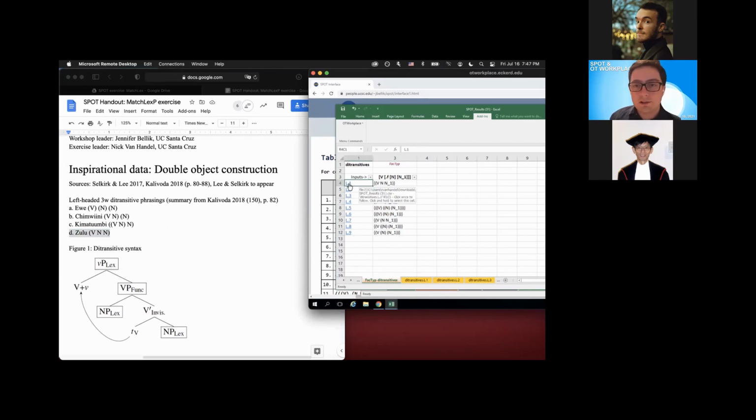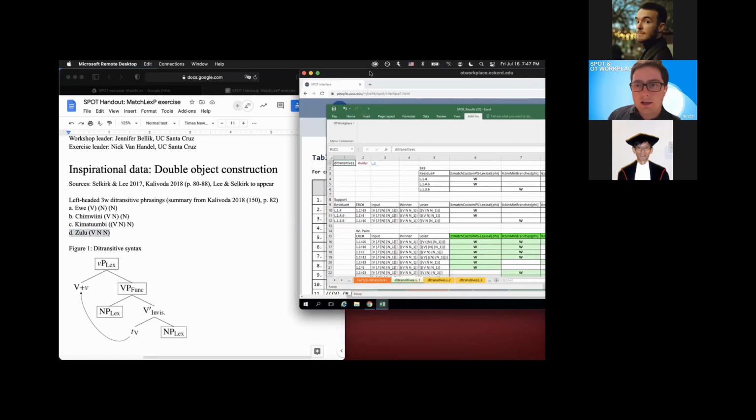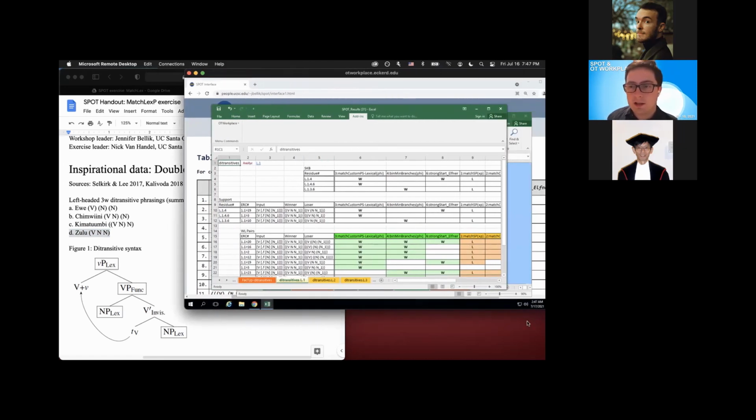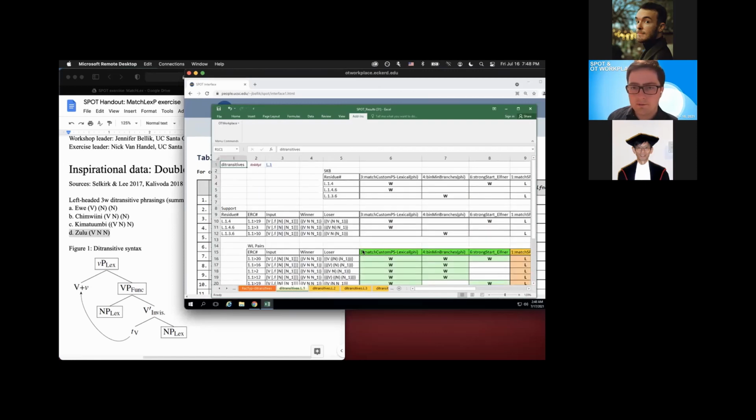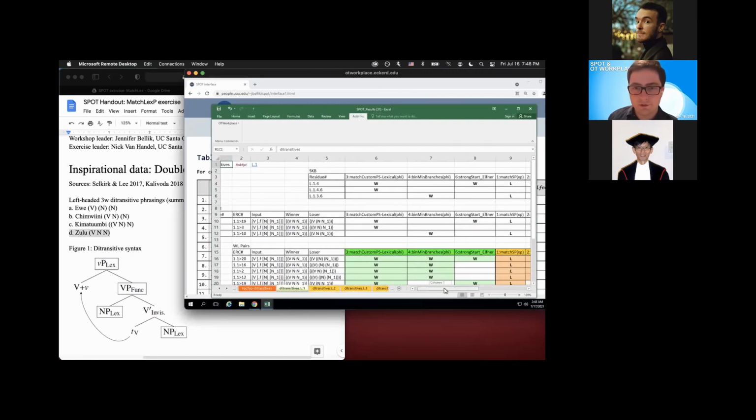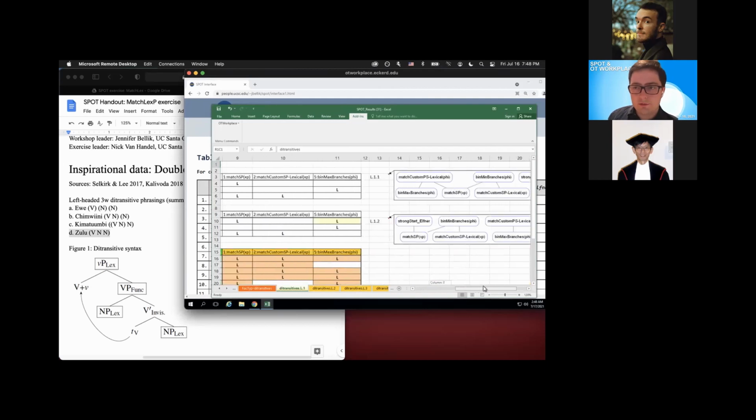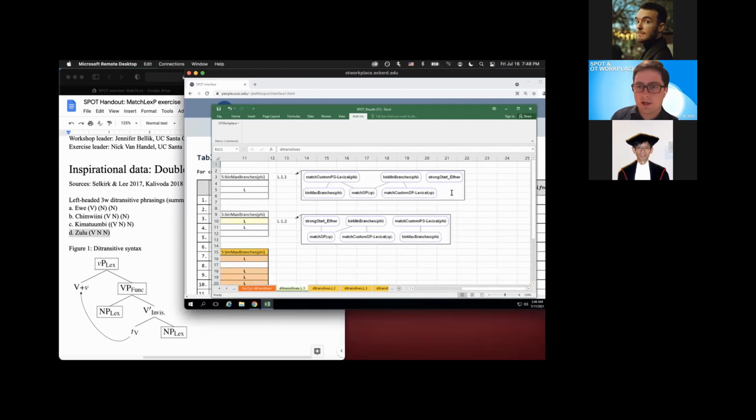So what you can do is click on where it says L1, and then it'll take you to this page with a lot more detailed information about what is going on in Zulu. So I think the first thing that's a little interesting to look at is the Hasse diagrams. And so what this tells us is that there are 2 different rankings that will give us a Zulu-like language.